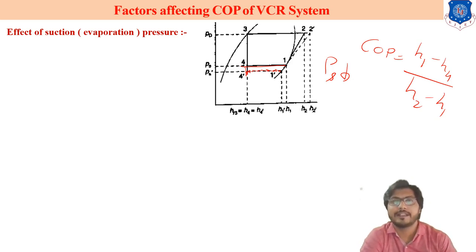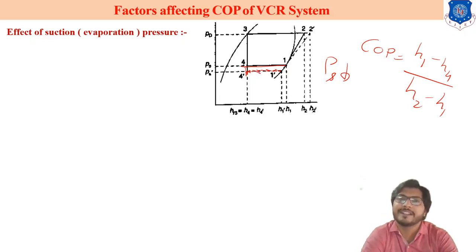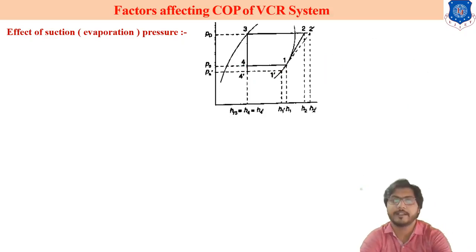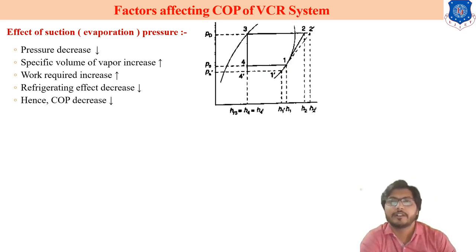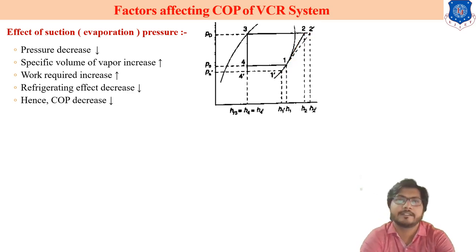If the value is less after reducing the suction pressure, that means COP reduces. Pressure decreases, specific volume of vapor increases, work required increases. Work required is H2 minus H1. So this much amount of work is also increased, and COP decreases.